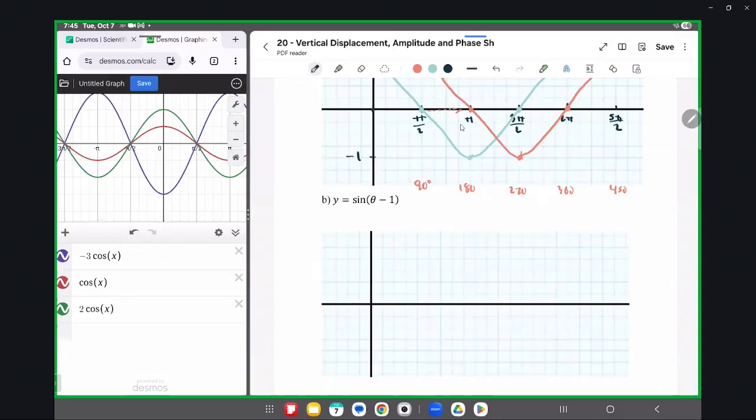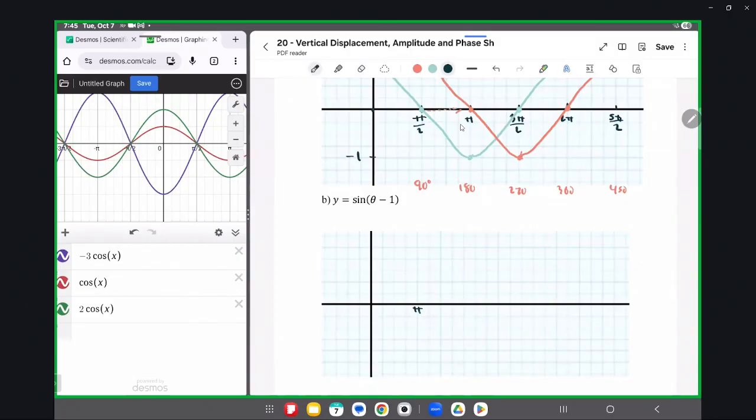Something I probably don't want to do is this. If I try to proceed in the normal way, pi over 2, move over 1, 2, 1, 2. Let me give myself a little bit more space. Let's be a bit more polite. So we'll go 1, 2, 3.